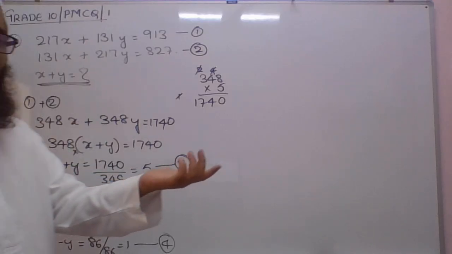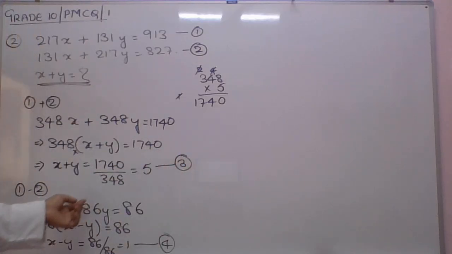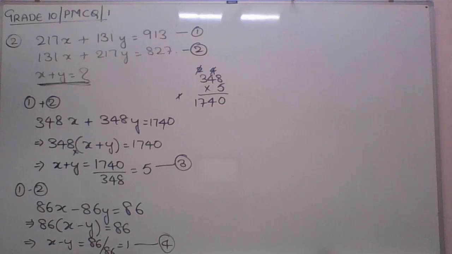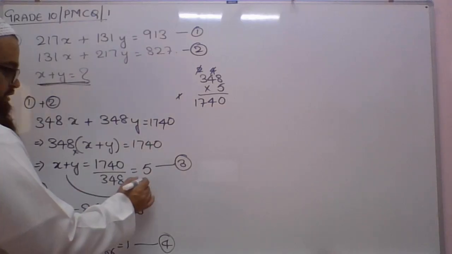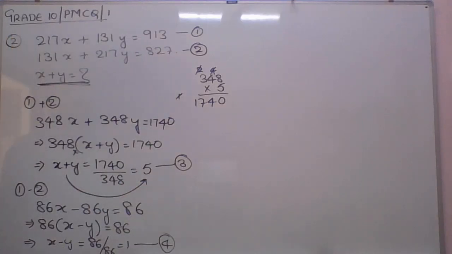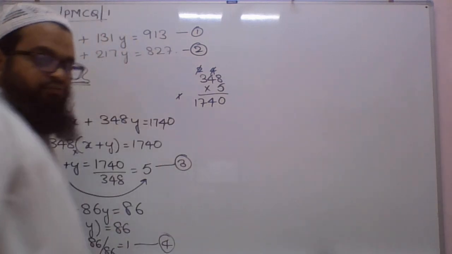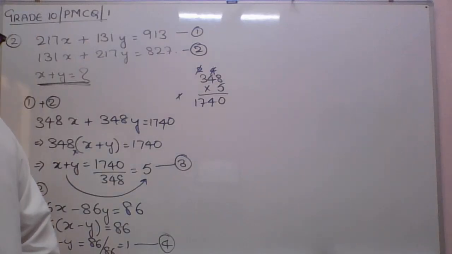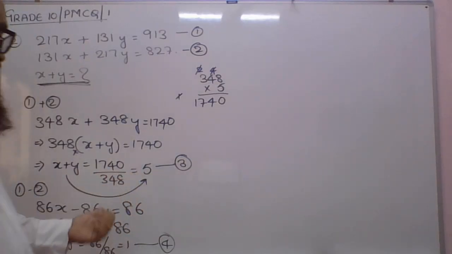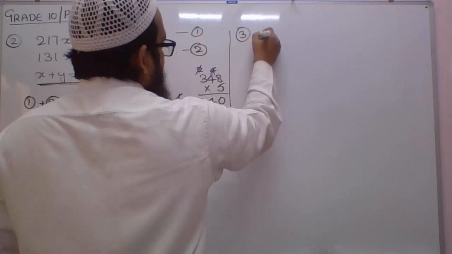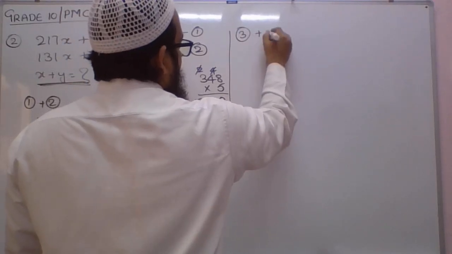Suppose he asked 2x minus 3y, then you have to find x and y separately. But what did he ask here? x plus y. We have already got x plus y is equal to 5. Since it is an MCQ, no need to find x and y. You can directly write the answer as 5. Is it clear, my dear students? Now let us solve the third and fourth equations.